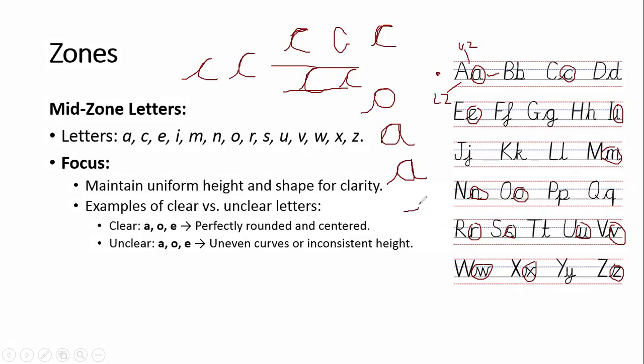Then comes E. Start from the top, middle zone exactly, and end. The loop should be perfectly seen. Okay, don't write too much. Then I. Start from left, down, I. Start from left, retrace, I.